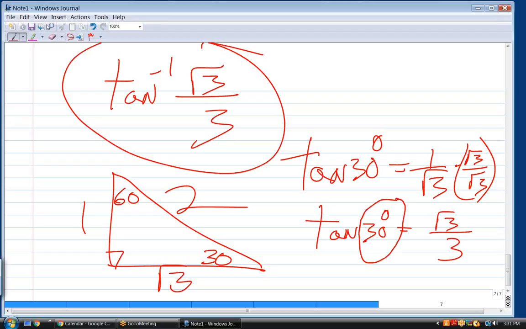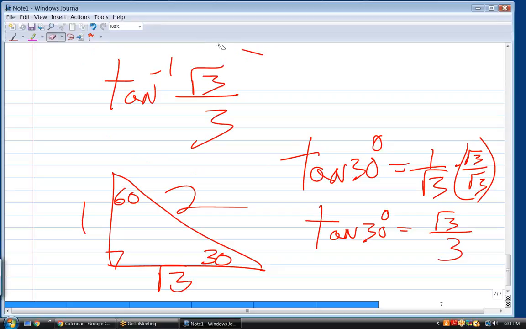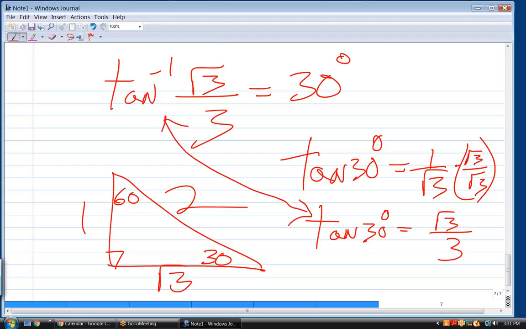If the tangent of 30 degrees is root 3 over 3, then by definition, the inverse tangent of root 3 over 3 has to be 30 degrees. These two things go together, if and only if. Always, if the tangent of an angle is equal to some ratio, then the inverse tangent of that ratio is equal to the angle.